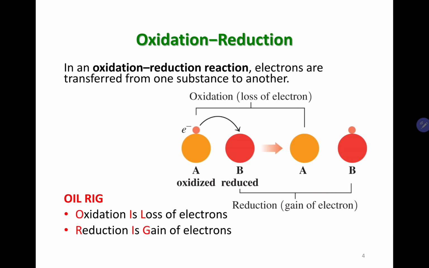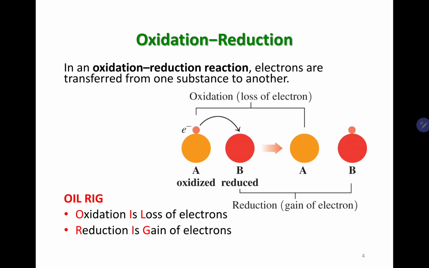As I mentioned before, in oxidation reduction reactions you have 2 things happening at the same time: oxidation and reduction. Both oxidation and reduction happen at the same time. And this oxidation and reduction are basically opposite to each other.